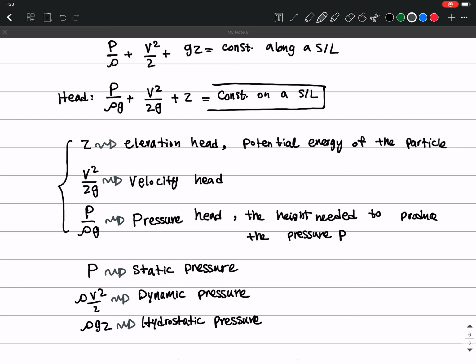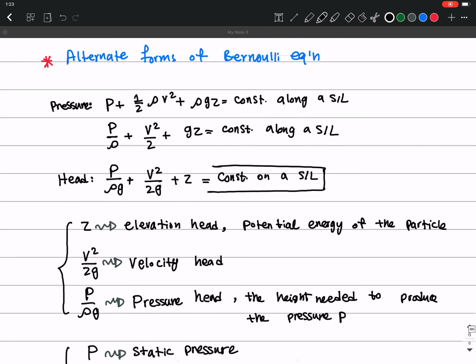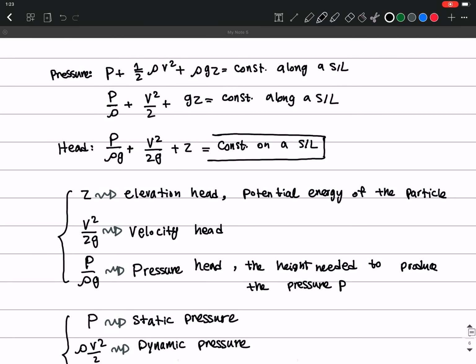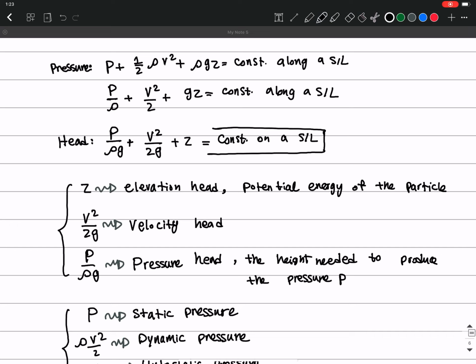So another interpretation of the Bernoulli equation is that the sum of the static pressure, dynamic pressure, and hydrostatic pressure is constant along the streamline in a fluid flow, okay?